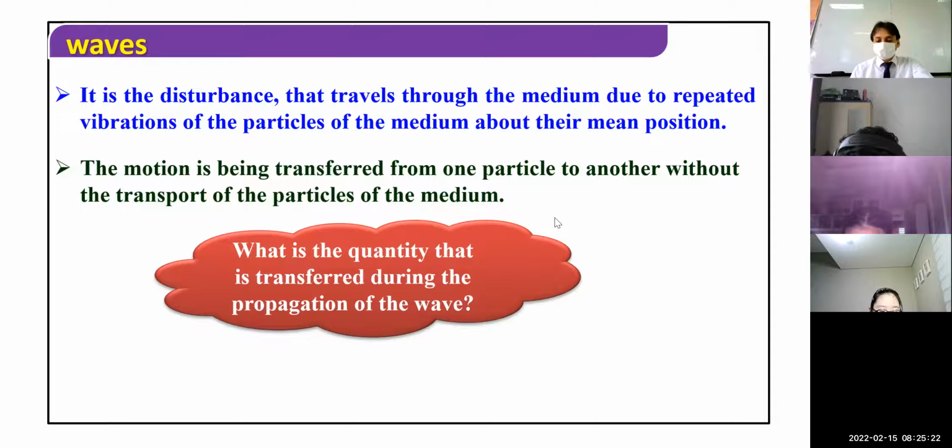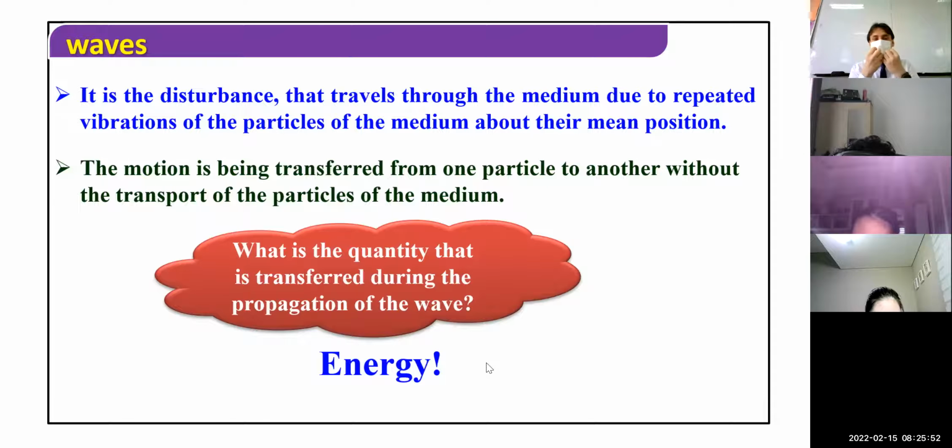So another point, children, keep listening. This we have already discussed. What is the quantity that is transferred during the propagation of a wave? What is moving, children? Energy is propagating. In the propagation of the wave, what are they carrying? They are carrying energy. Even in this room, I'm sitting, I'm speaking, and the energy produced by me makes the air particles start vibrating.